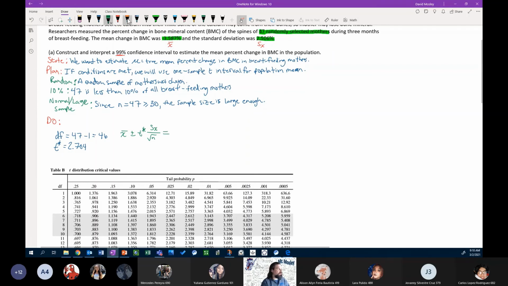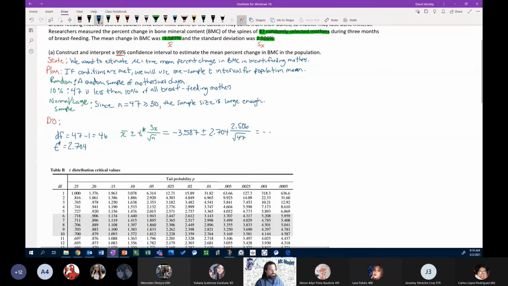We'll replace all of our variables with numbers, so we get negative 3.587 plus or minus 2.704 times 2.506 divided by square root of 47. This is our calculation for our interval.